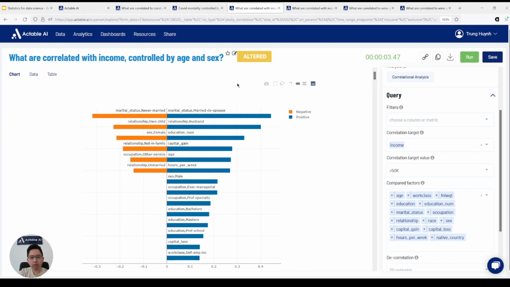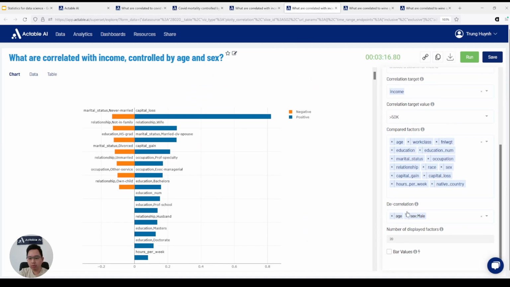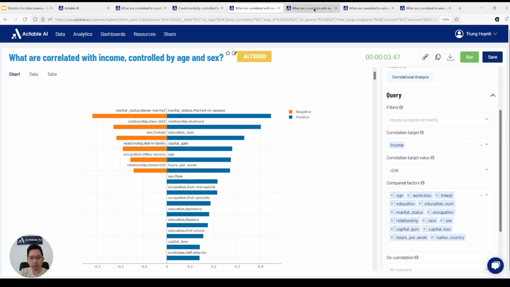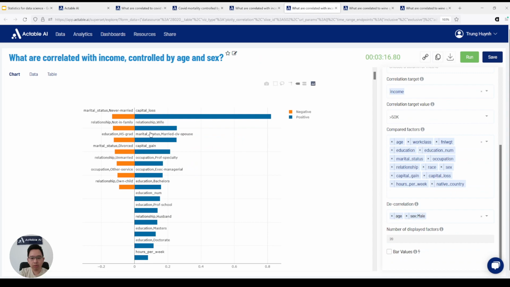So that is correlation. And same here, if you control for age and gender, then the correlations are no longer the same as before. But when these variables are controlled, we see that capital loss or never married become more significant, or capital gain, etc., right?